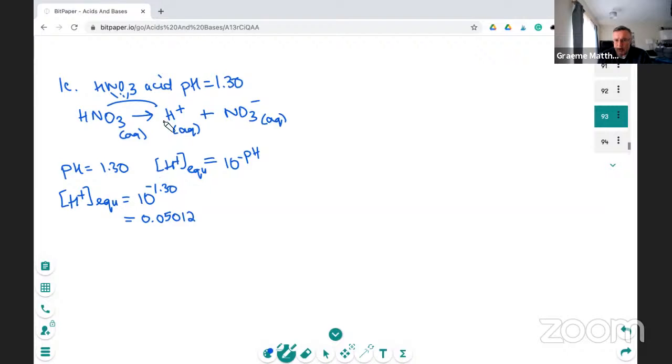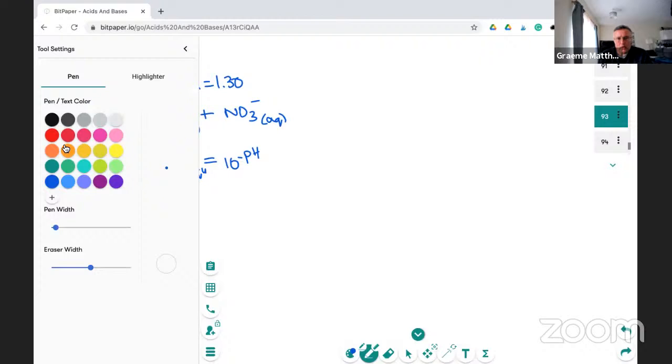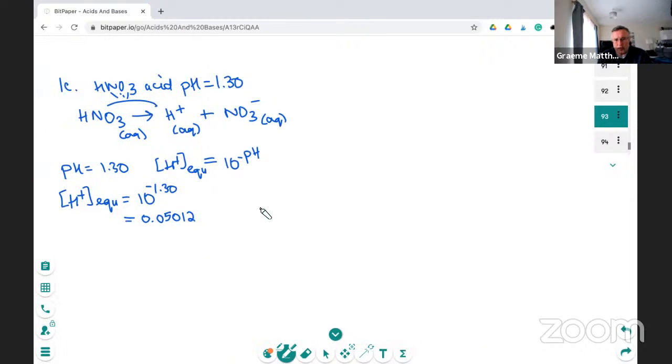Because it's a 1-to-1 correspondence, if I go over to orange here, call this Syracuse orange, if you follow American football, never mind. 0.05012. 1-to-1 correspondence means that this is also 0.05012. And so there we are.